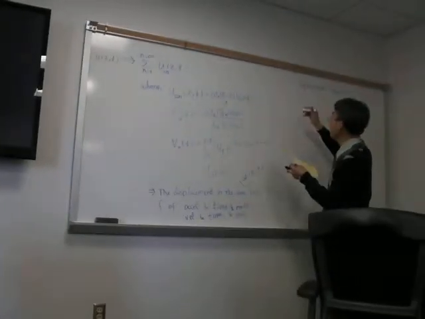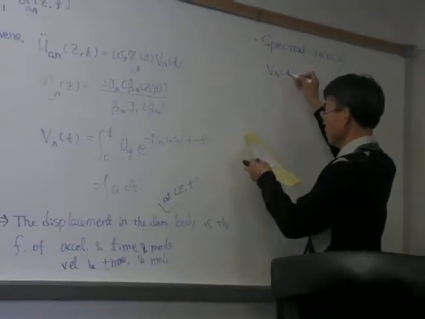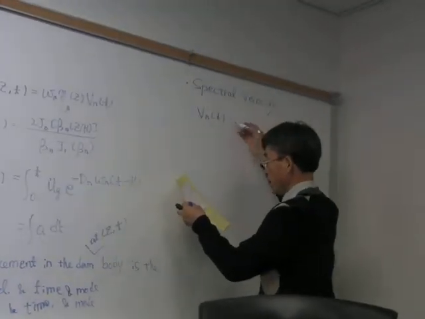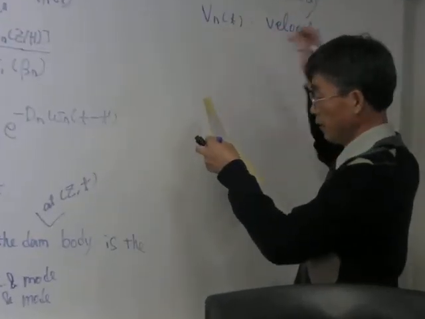Somewhere in here, VNT is the velocity at nth mode.